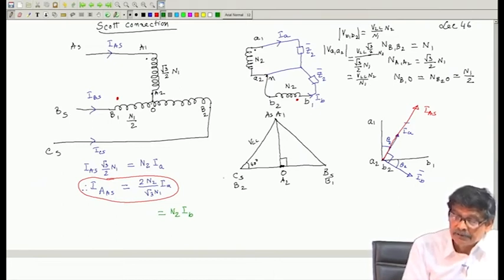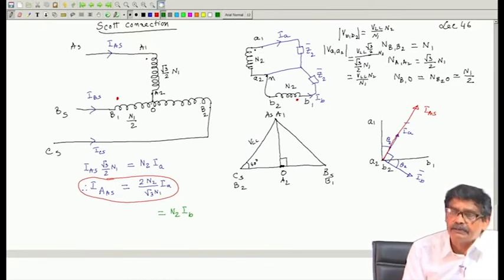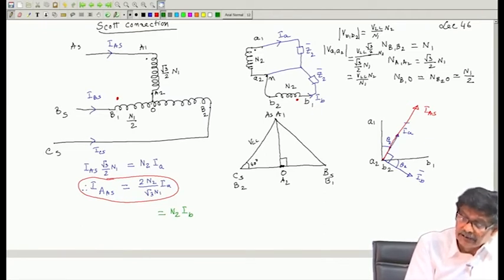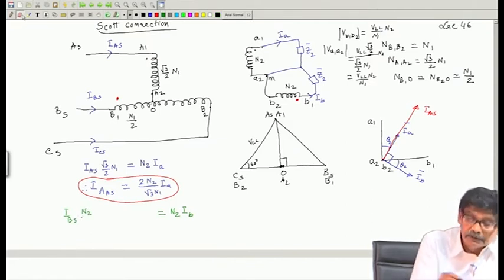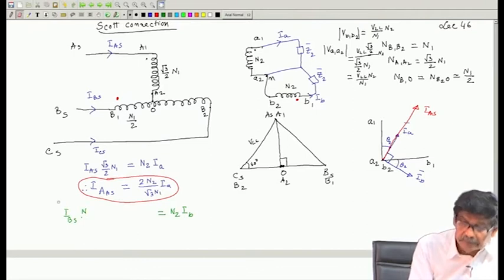But here the problem is current in this portion has 50% turns, and in these portions they are different, but no problem. So, for this N1 by 2 turns, it should be I_BS into N1 by 2.